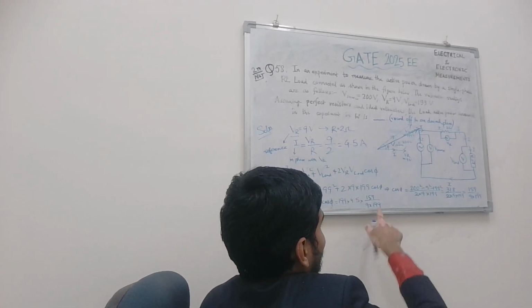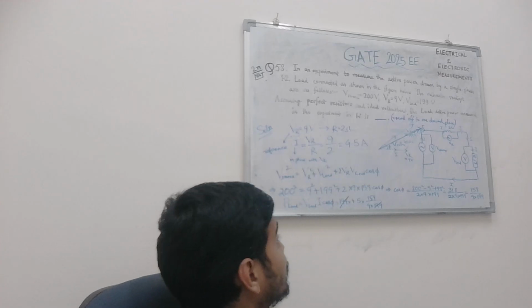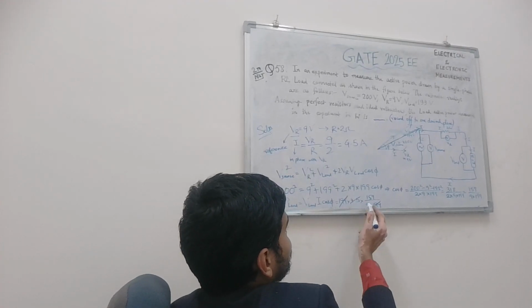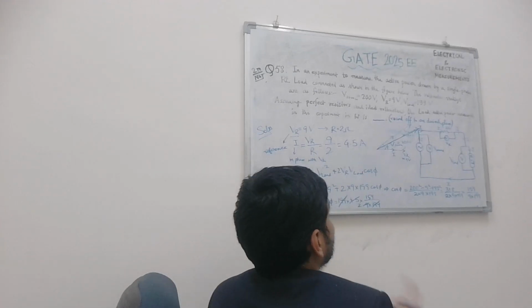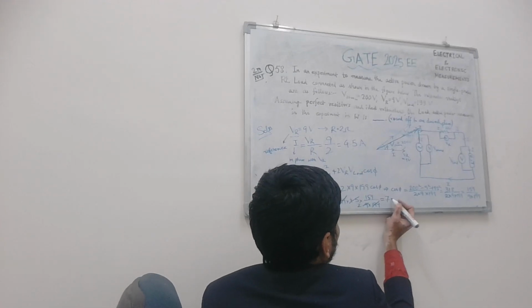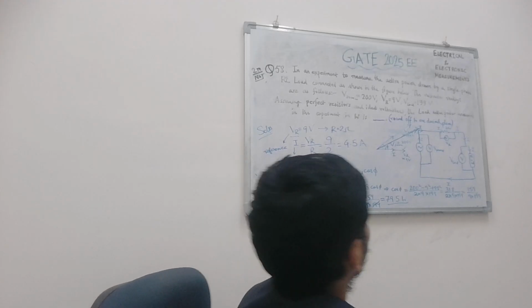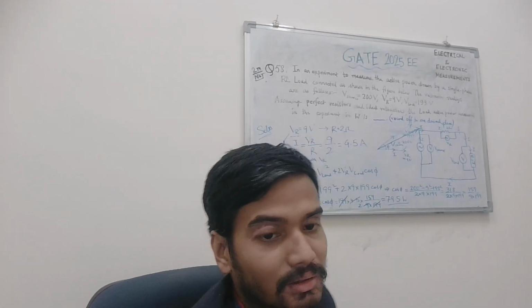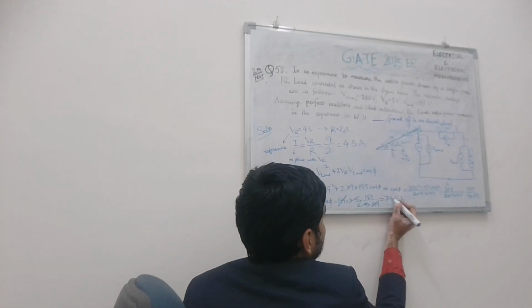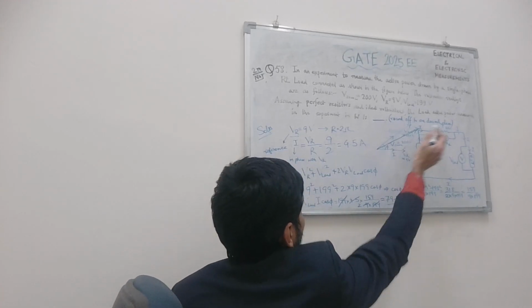This is why I didn't cancel the 199 factor. As we cancel now, 199 cancels. 4.5 by 9 is half. 159 by 2 is 79.5. So the load active power measured comes out to be 79.5 watt. This is correct up to 1 decimal, as asked in the question.